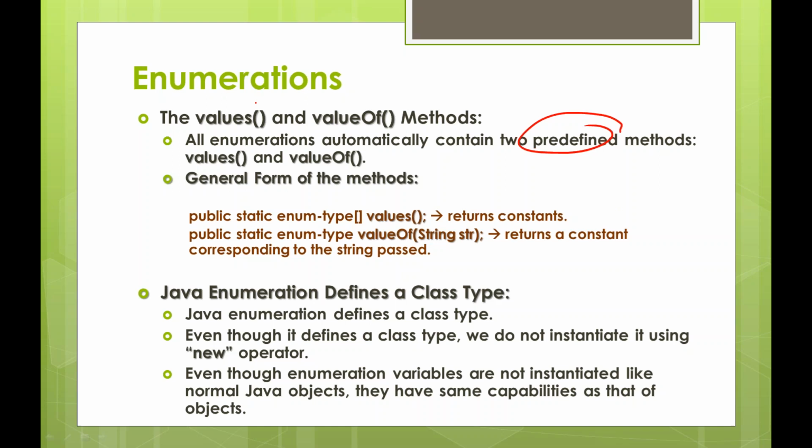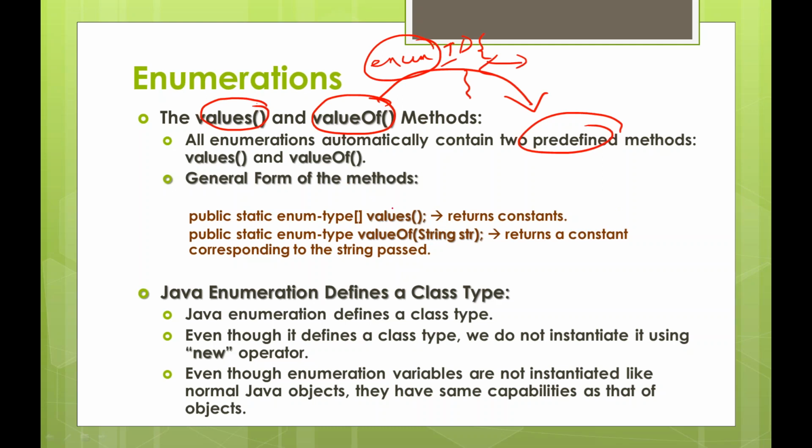So the two important methods are values and valueOf. They are predefined methods within the enumerations that you create. The moment you say enum and some identifier, these two methods will be there in that particular enum data type.